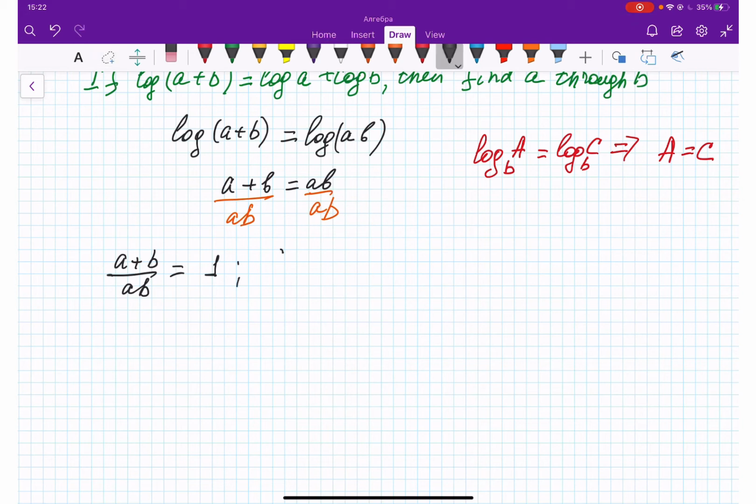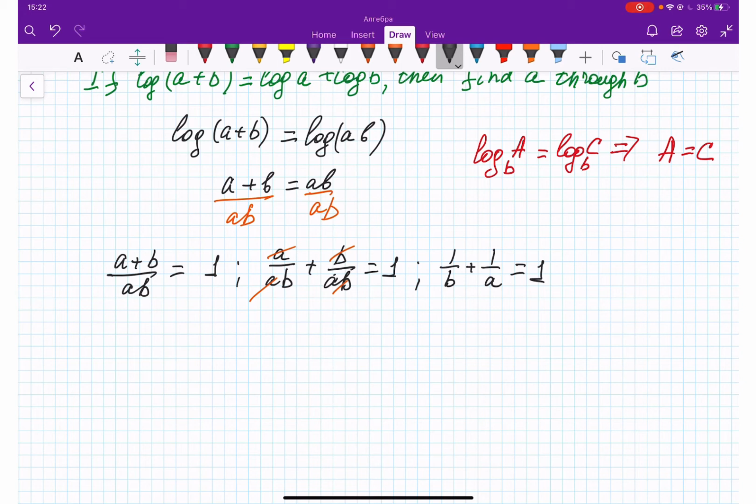This is equal to a over ab plus b over ab equals 1. And here this is gone with this, this is gone with this. And we get 1 over b plus 1 over a is equal to 1.